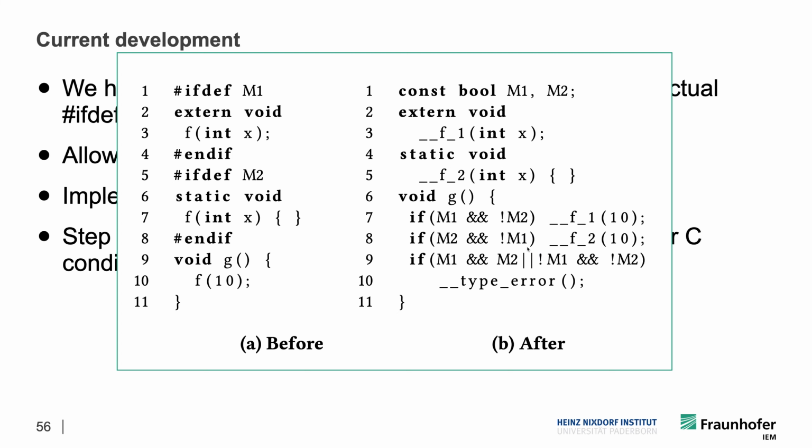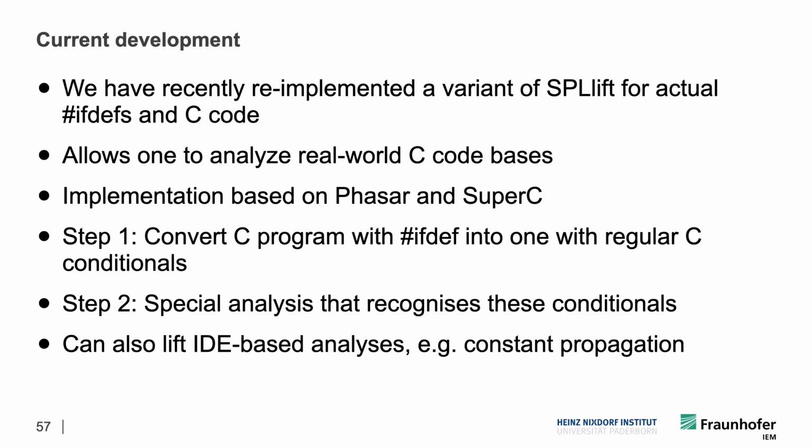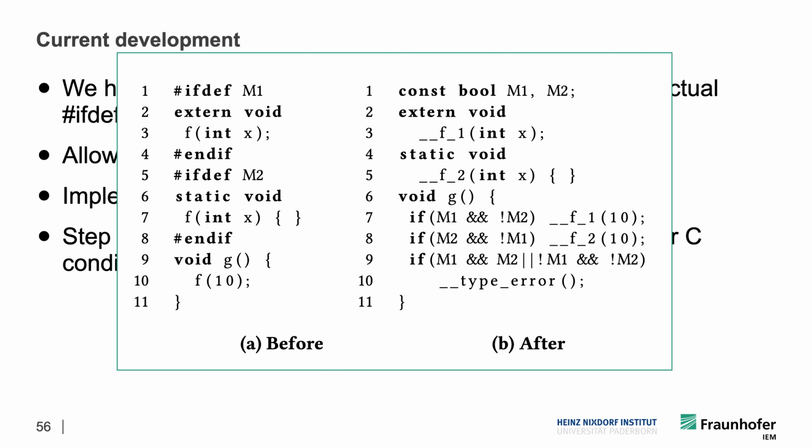And that's why we went beyond this. So in the second step, we actually implemented a special analysis that recognizes these conditionals. So basically in our SPLift variant for C code, we recognize that this is a special Boolean flag that was inserted by us. So it's a static Boolean flag.